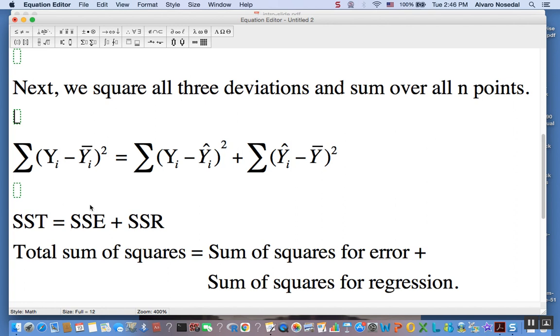And this you have seen before when we talked about the estimation of sigma square: SSE, the sum of squares for error. And this, the difference between yi hat and y bar squared, the sum of those deviations, we're going to refer to as the sum of squares for regression.